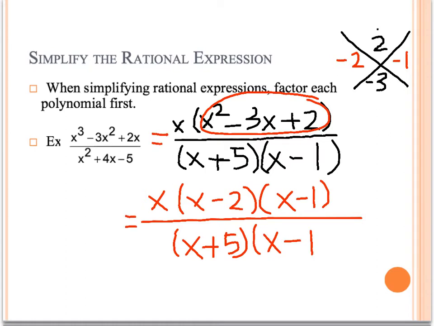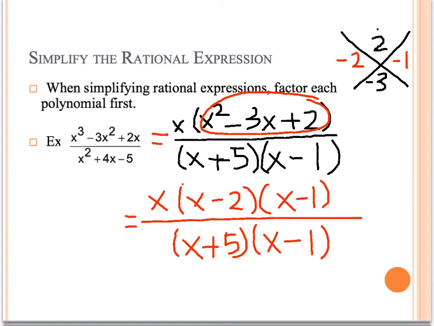And now I've got everything factored. I cannot factor anymore. But what I do notice is that I have x minus 1 and x minus 1, one in the numerator, one in the denominator. And I know that whatever it is, a number, a quantity, a letter, that divided by itself is equal to 1.